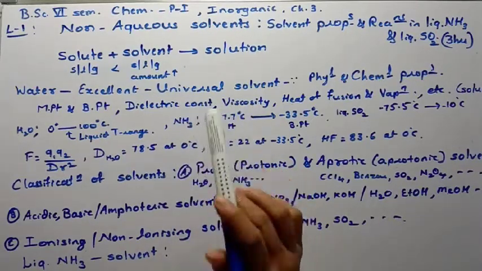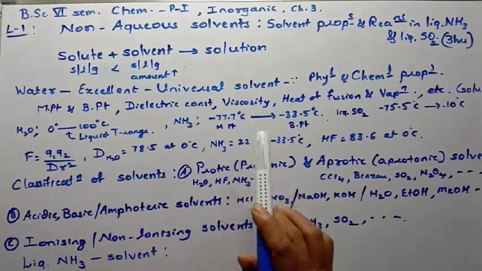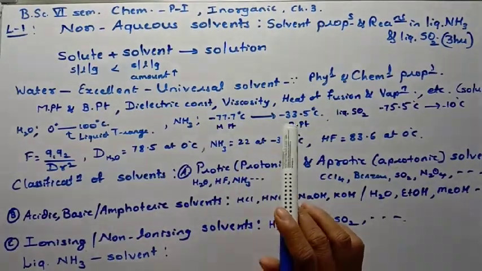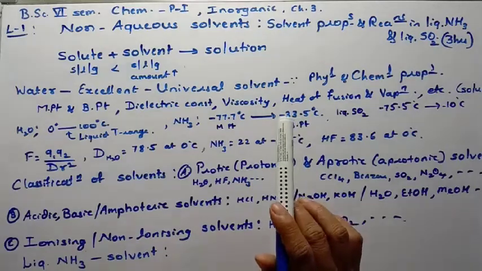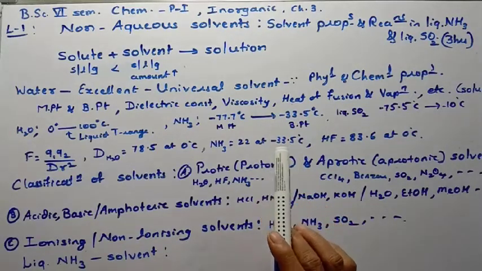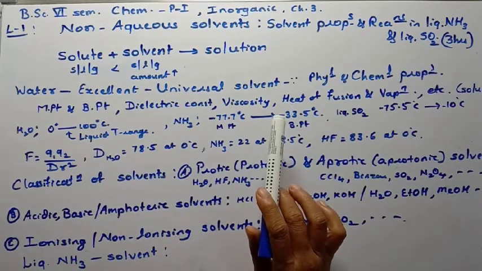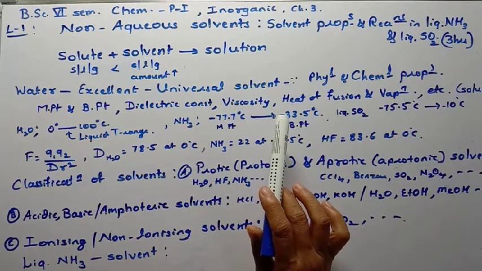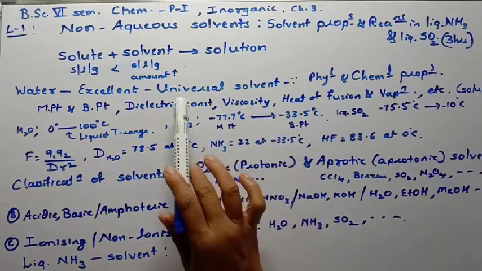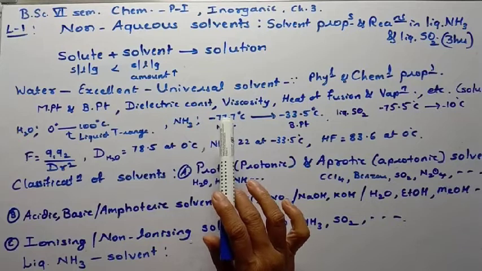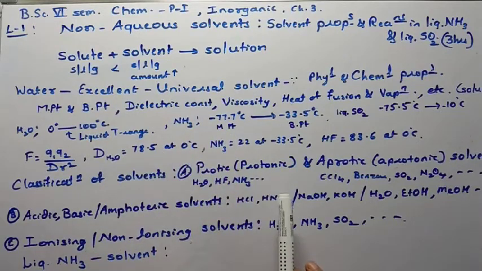It is less viscous, abundant in nature, and safe to handle because it has no odor or any dangerous or hazardous effect on human beings. With all these properties, water is considered a universal, excellent solvent.